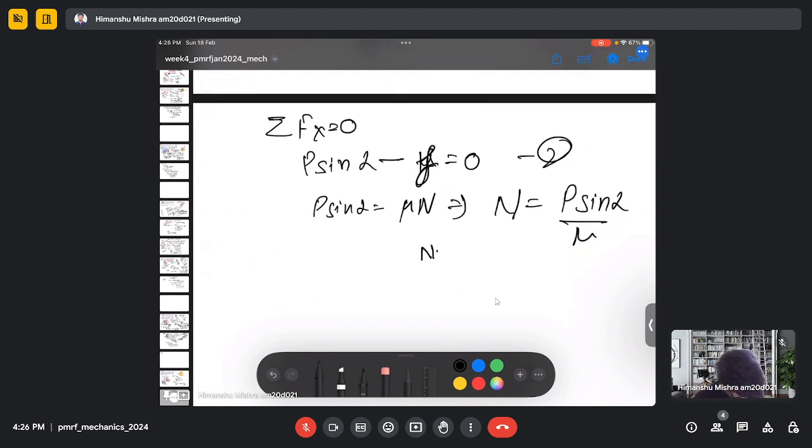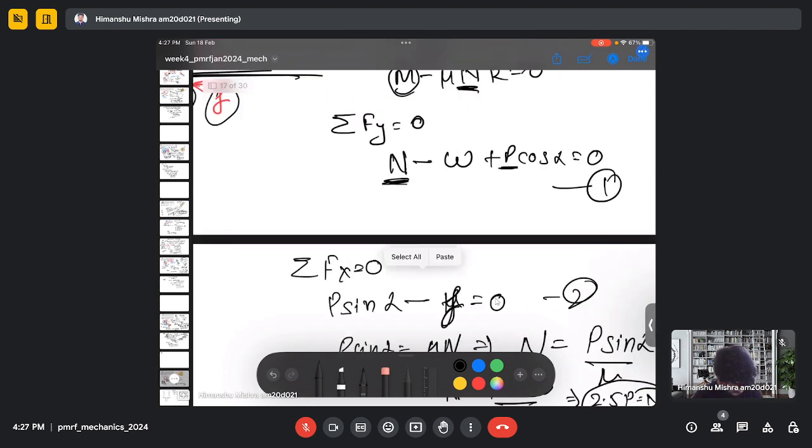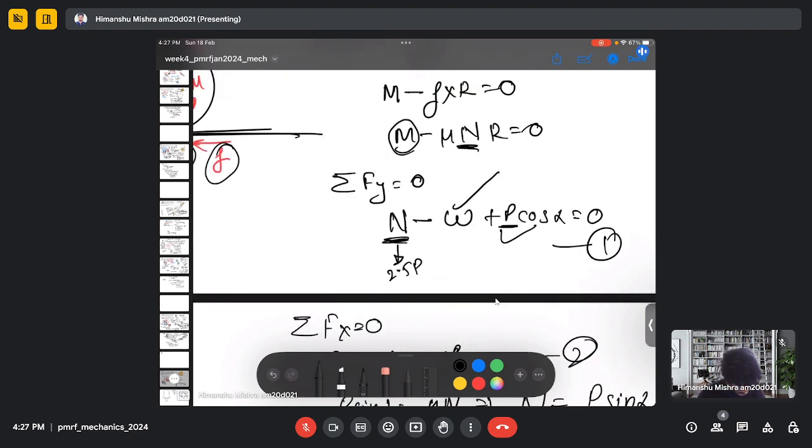So my normal reaction is P sin 30 by 0.2, so it will be 2.5 P. So this is my normal reaction in terms of P. And now if I put it in equation 1, we know W, so we can find P here.